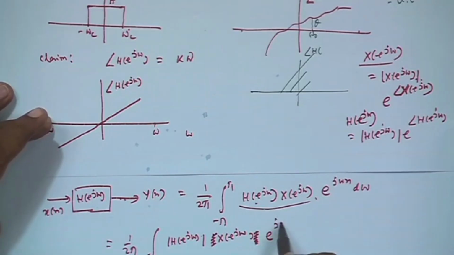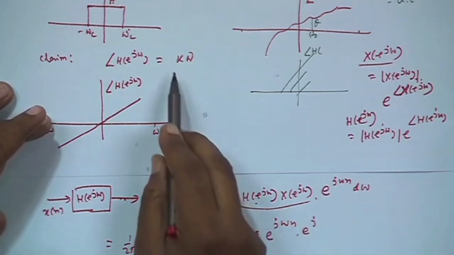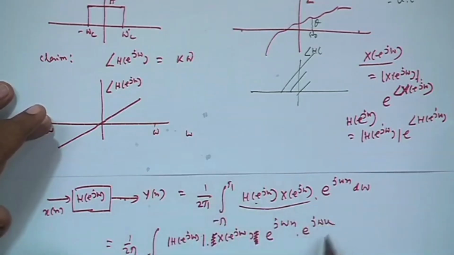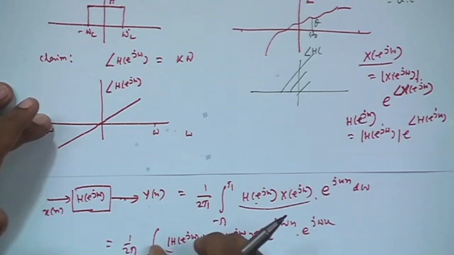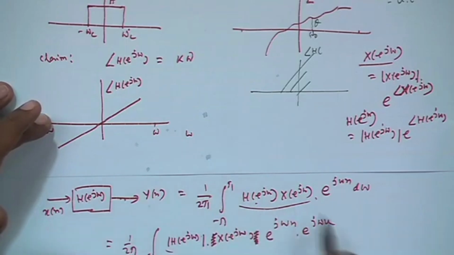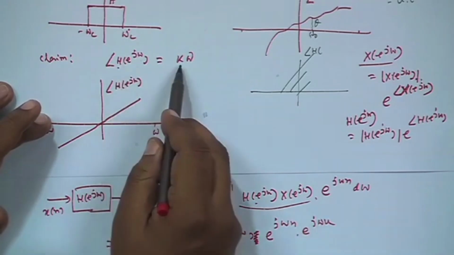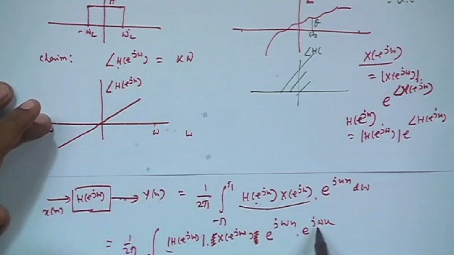So, e to the power j omega n and this has e to the power j k omega, e to the power j k omega, that is omega k, that is from the system transfer function. Capital H e to the power j omega is mod of H e to the power j omega into e to the power j into the angle, and angle is k omega or omega k. So, that omega k and d omega.